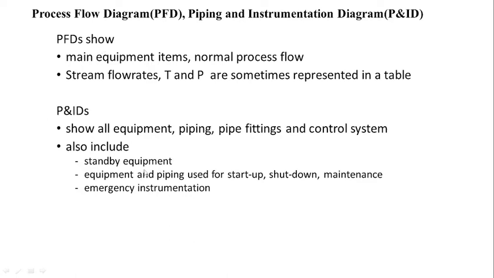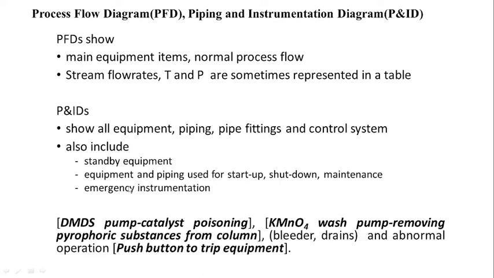In P&IDs only. P&IDs are more complex, and they give detailing of all the equipment present, including the startup and shutdown maintenance equipment. And some emergency instrumentation will also be given. For example, this DMDS is a sulfiding agent, dimethyl disulfide. It is a chemical used to sulfide the catalyst by poisoning.